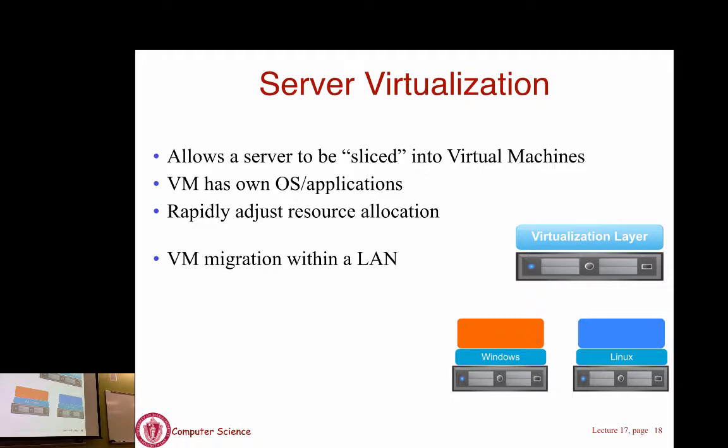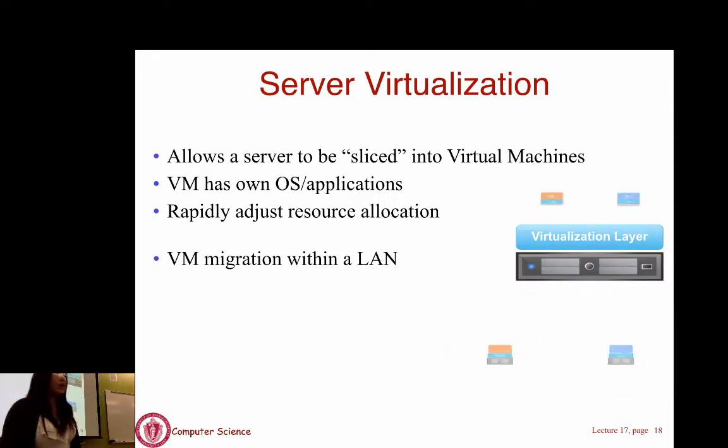This kind of virtualization allows us to run multiple virtual machines in a single, very powerful server. The reason you want to do this is, again, economy: you want to maximize the utilization of your servers so that your money is actually worth it.